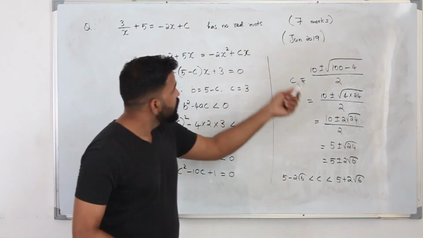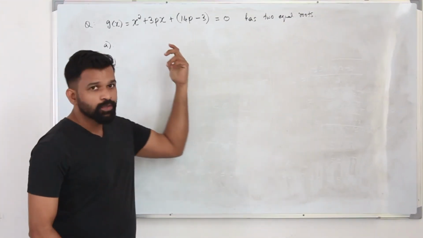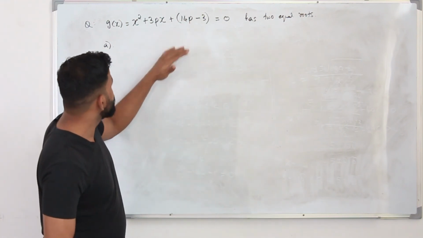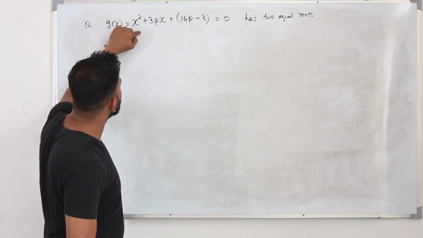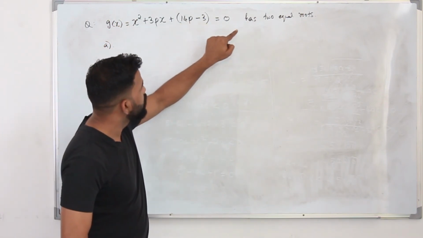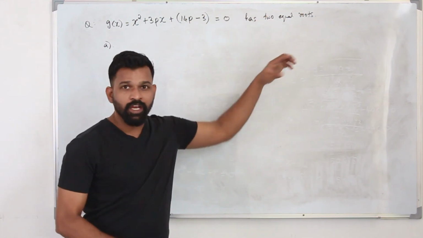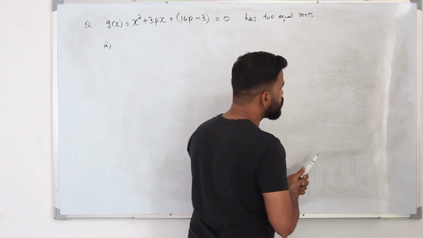So this question has 7 marks. One more question, from exercise 2G. You are given an equation g of x equals x square plus 3px plus 4p minus 3 equals 0 that has 2 equal roots. There are 3 conditions. One is b square minus 4ac.